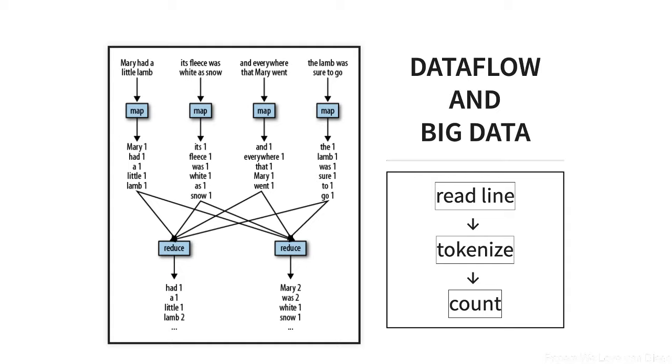And then the output from that tokenization gets sent to one of two counting workers. The one on the left is handling the words from the front side of the alphabet, and the one on the right is handling the words from the back side of the alphabet. So we have "had a little lamb" on the left, and we have "Mary was white as snow" on the right.